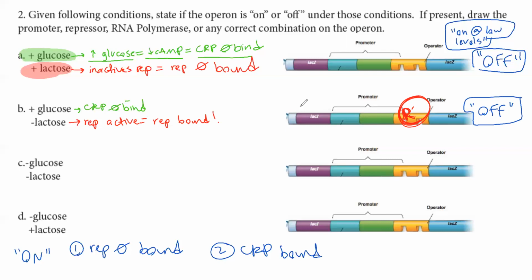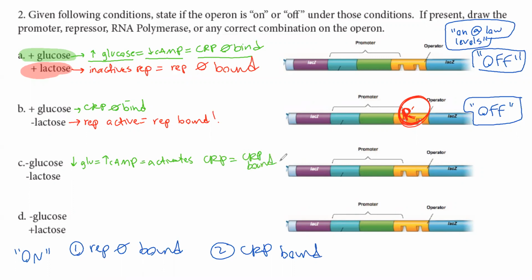Cool. Then the next one, if there's no glucose, low glucose, what does that mean about CRP, or sorry, cAMP? Low glucose means that we have lots of cAMP. What can cAMP do? It can activate CRP, which means CRP is bound.